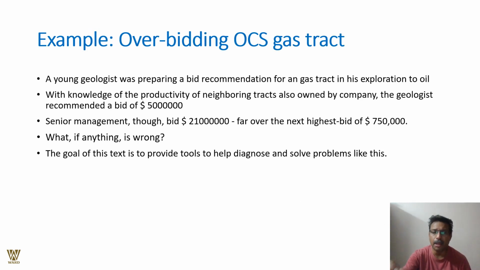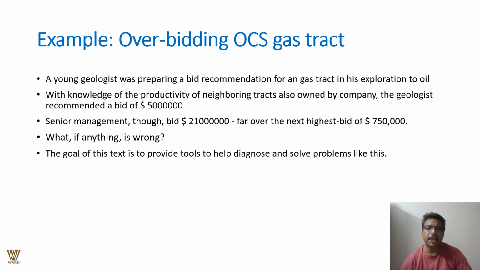So let me give you an example of overbidding on an OCS gas tract. A young geologist was preparing a bid recommendation for a gas tract in his exploratory to oil. With knowledge of the productivity of neighboring tracts also owned by the company, the geologist recommended a bid of approximately $5 million.